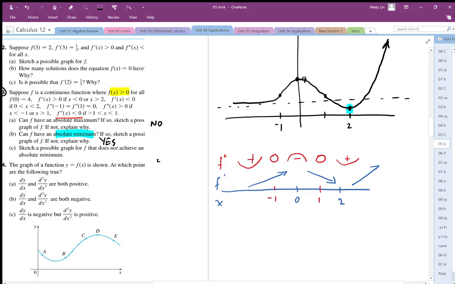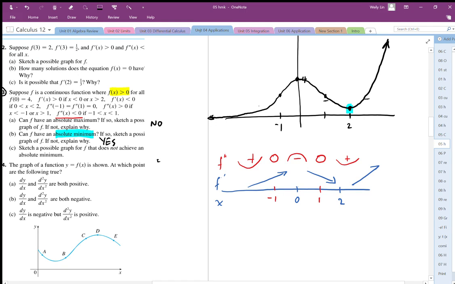Okay, so looking at part C, it says, sketch a possible graph for f that does not achieve an absolute minimum. Well, that would mean that it's got to go below that point there, and because it's always above 0, the only way this could happen is if the horizontal asymptote, as it's sloping down and curving up, concave up, is along 0.